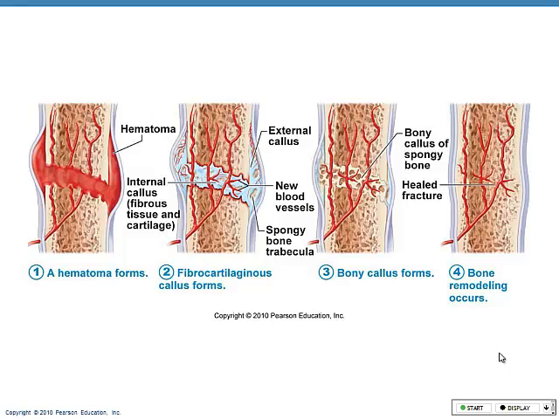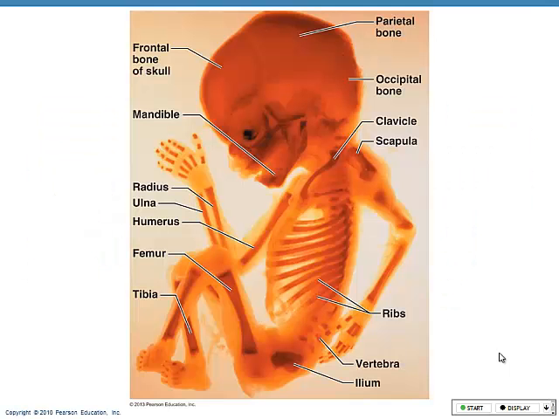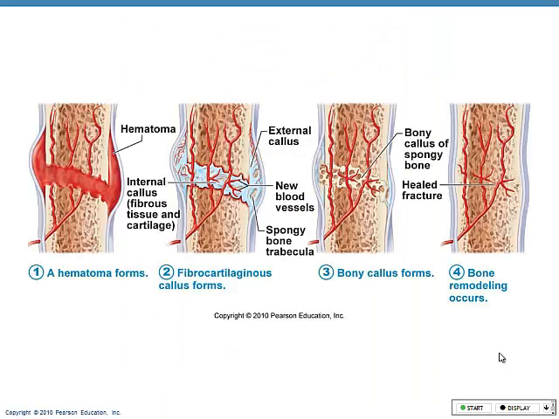So, one of the other things I need, oh wait a minute before I get too far, common types of fractures. Do you have to know those? Yes, you do.